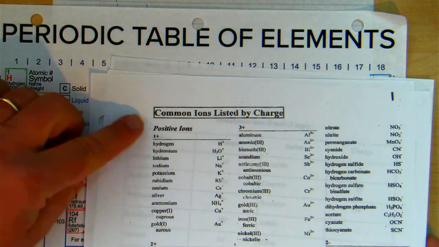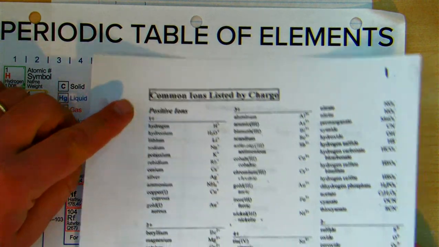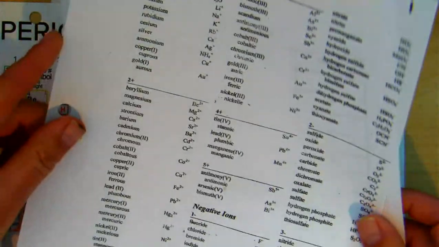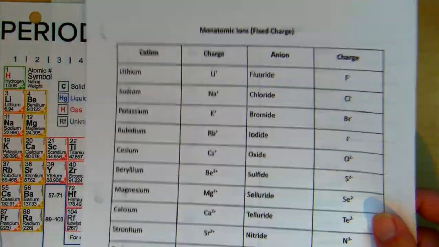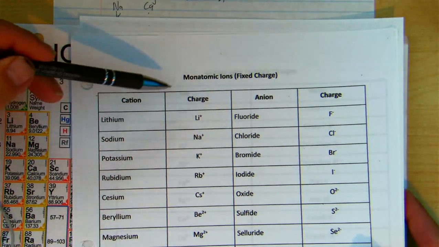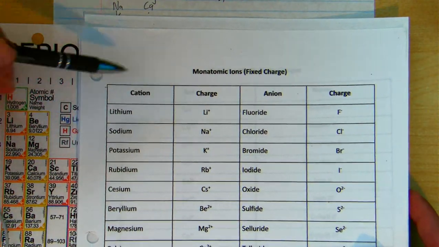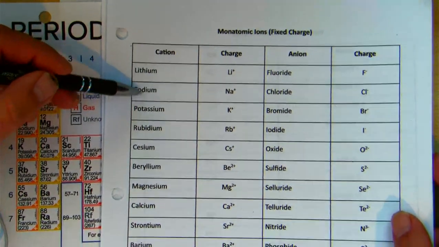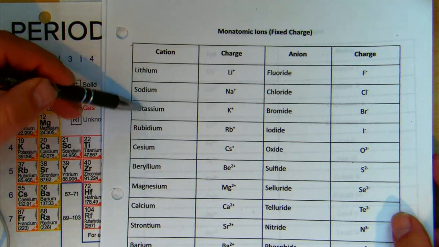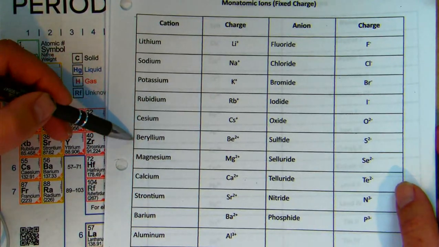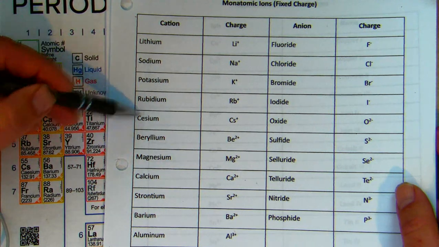Another handout called Common Ions Listed by Charge. You have to study this one a little more carefully. Another list entitled Monatomic Ions. That means they only have one charge state they're ever going to be in. Look who's on the list: lithium, sodium, potassium. Again, the alkali metals. Cesium. Well, no, sorry, this is still alkaline.